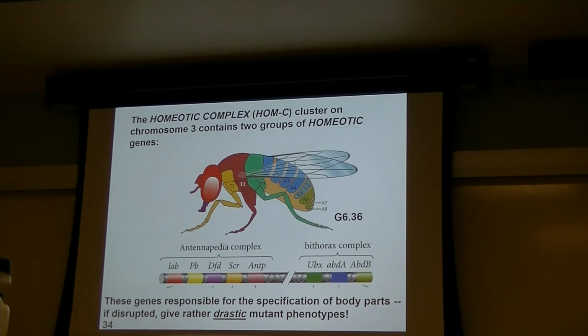And that scenario is called collinearity, which I think may be written on one of the slides down the line here, but it's a very rare condition. In fact, this is the only situation that I know of where we have this correspondence between expression pattern and order of genes on the chromosome. Normally, you can get any number of genes on a chromosome.